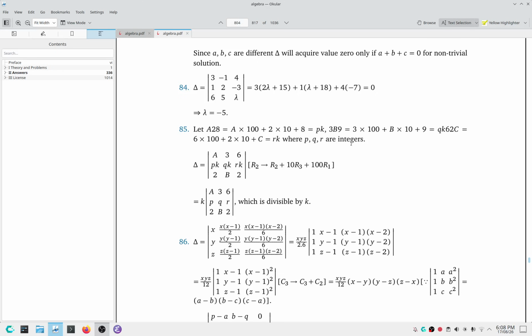Where P, Q, R are integers and all are divisible by K, as we can see.